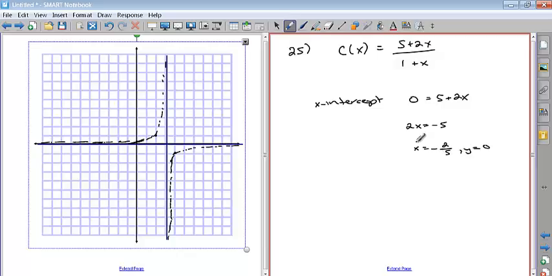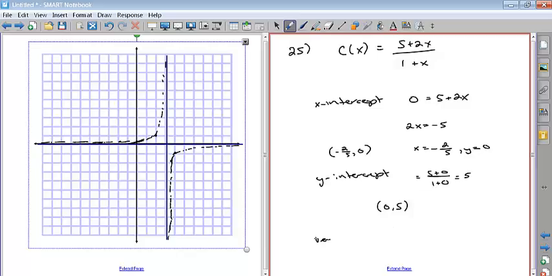So that's the point. For the y-intercept, you set x equal to 0, which leaves 5 plus 0 over 1 plus 0, which is 5. So that's my y-intercept. So the y-intercept would be the pair 0, 5. And the x-intercept would be negative 2/5, 0.